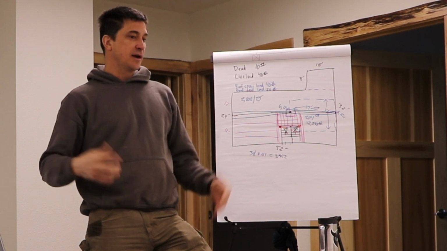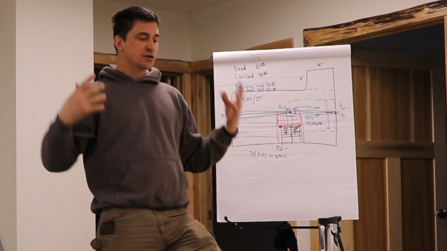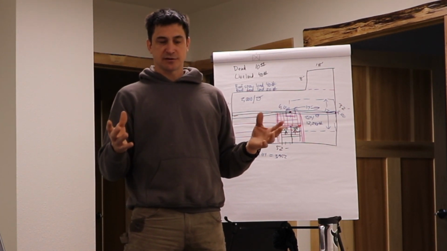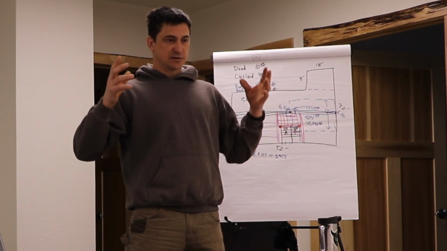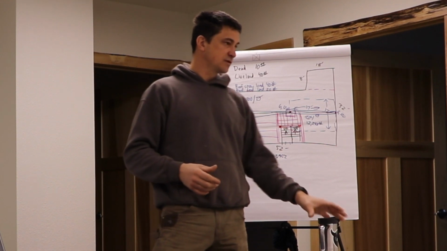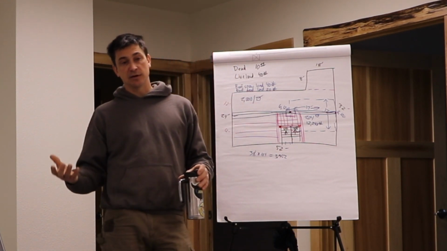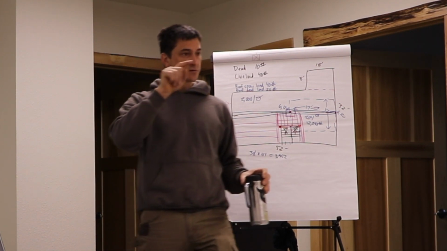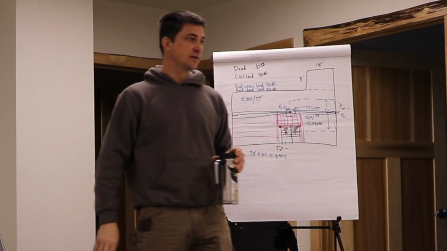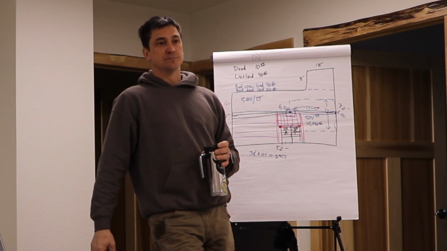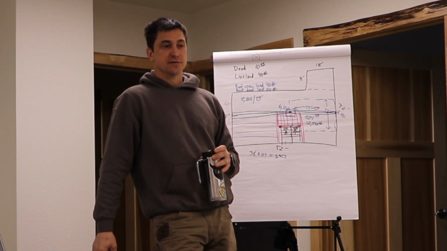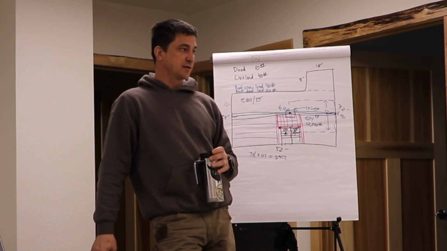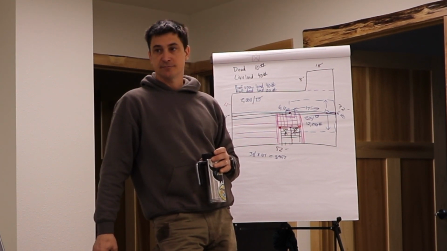So if you're lying awake at night stressed out because it's going to be so hard to get a forced air system in here, then maybe you need to look at a radiant heat system, because you can move the same amount of BTUs through a 1/2-inch pipe as an 8-inch duct. It solves a ton of space conflict issues to go to radiant heat.